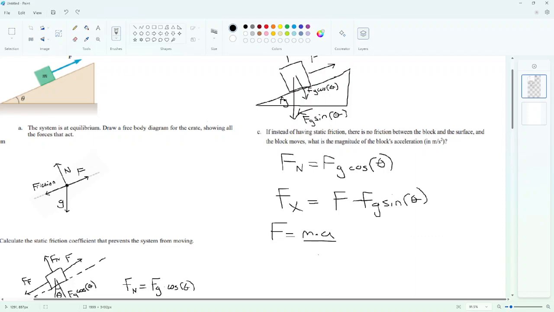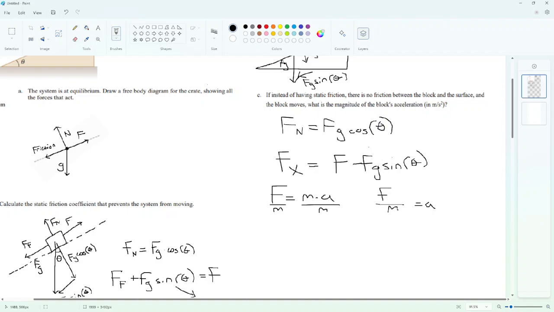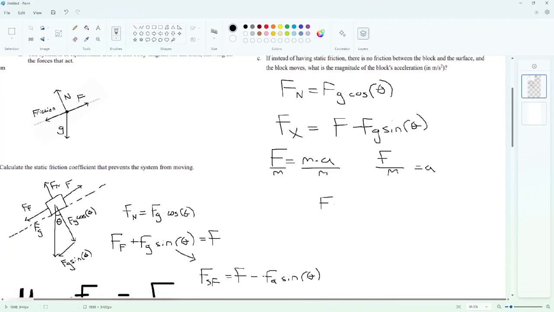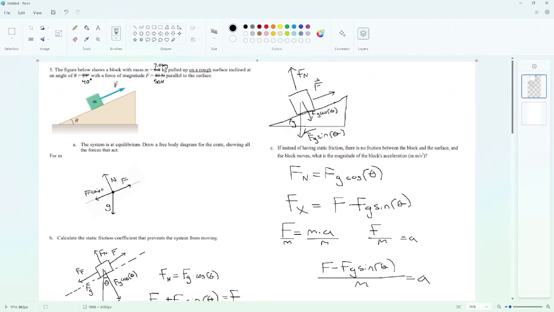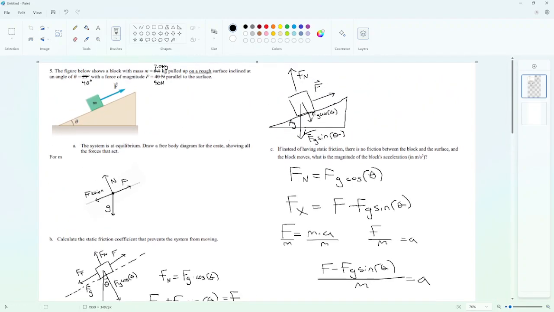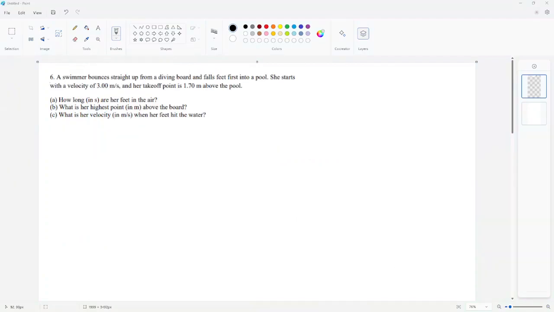That's very wrong. Force divided by mass is equal to acceleration. It's that easy. So force minus force of gravity sine of theta. This is a force. All of this divided by mass is going to be equal to the acceleration you so desire. And that's question 5.